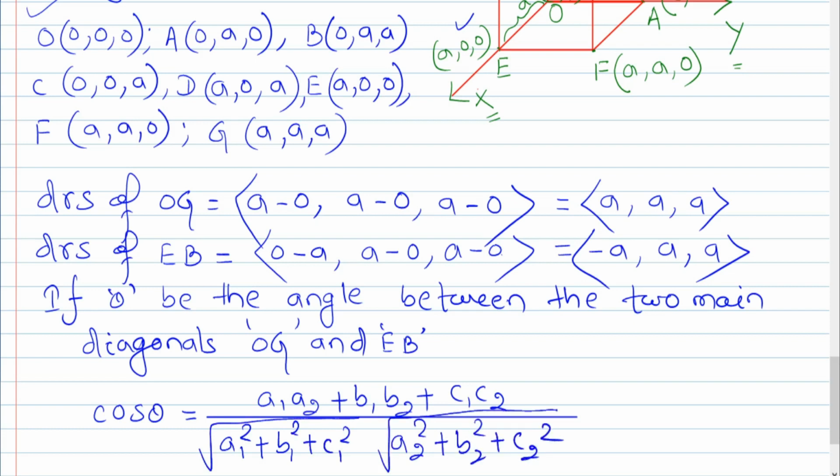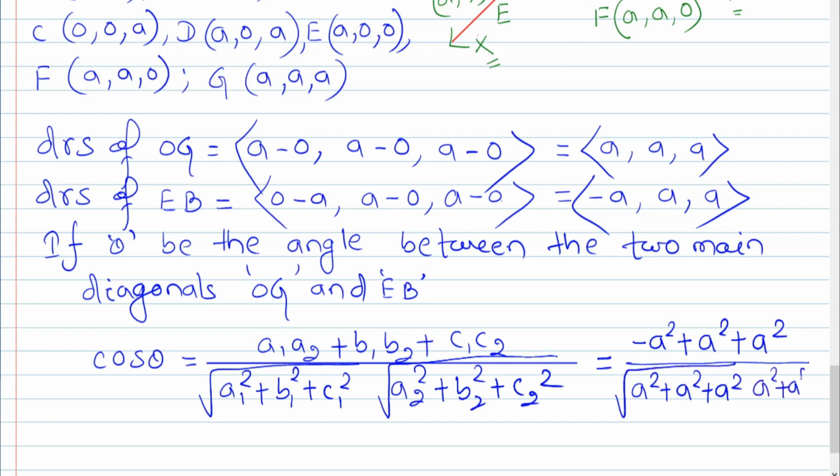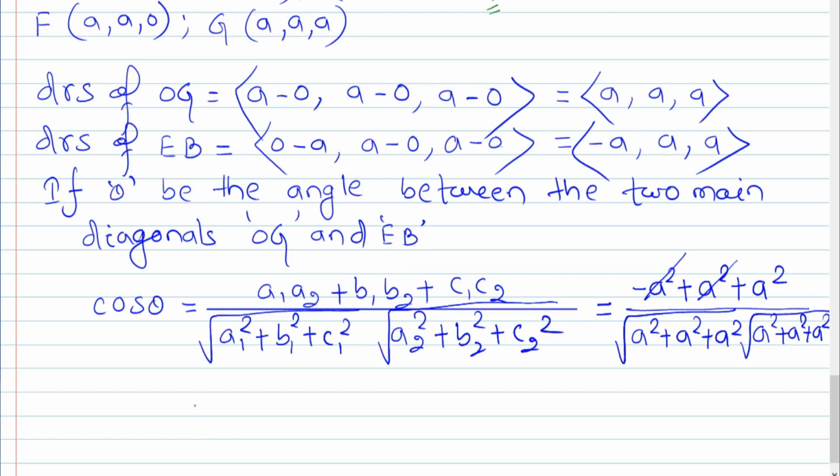Okay, that is nothing but A into minus A, that is minus A square plus A square plus A square, whole divided by the square root of A square plus A square plus A square, and another one is the same thing, the square root of A square plus A square plus A square. So minus A square plus A square cancel here, then we are left with A square divided by the square root of 3A square, that is root 3 A.